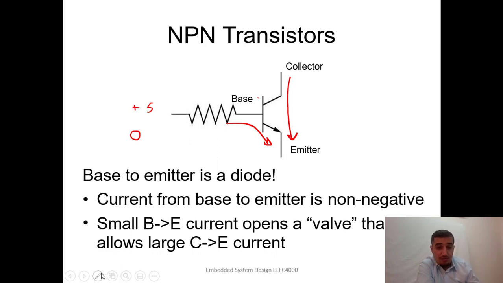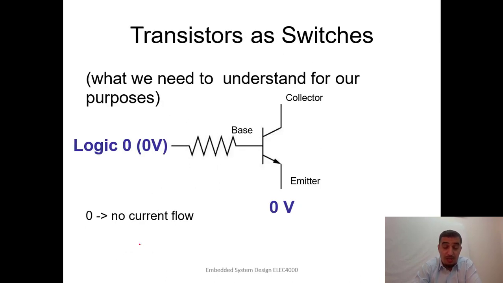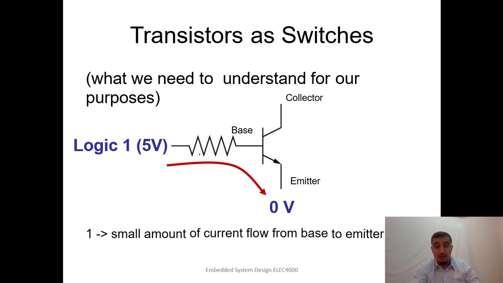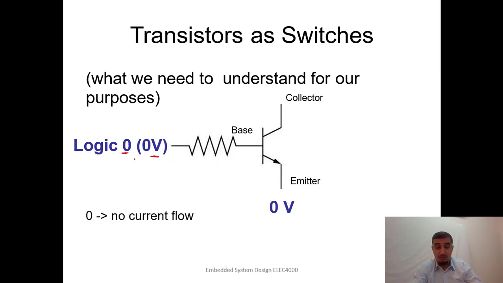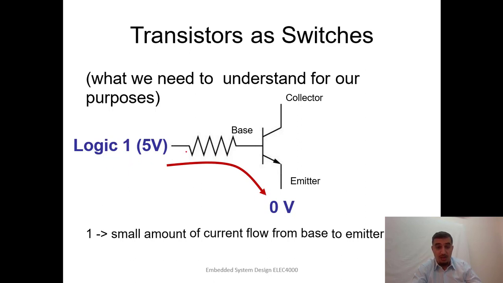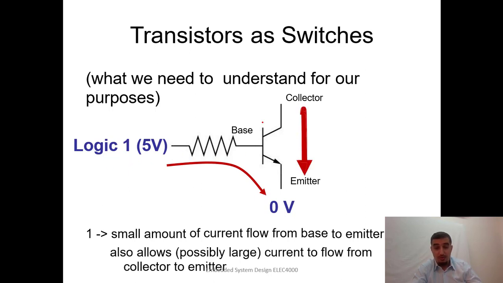The current from the base to emitter is non-negative, and small base to emitter currents open the valve of the transistor so that the current from the collector to the emitter can start flowing. So if I apply 0 volts, which is logic 0, it will have no volt because the transistor will be off. But if I put 1, then the current will start flowing, and more current will flow over here.